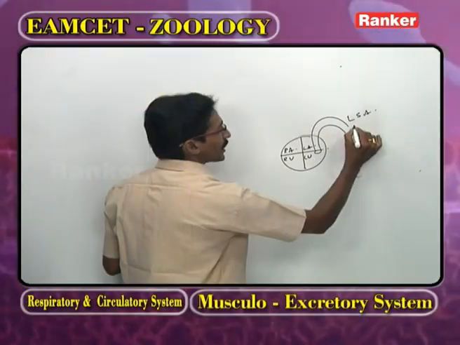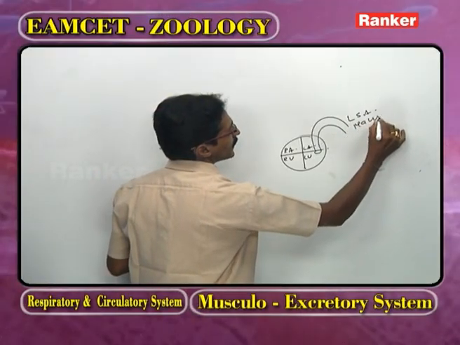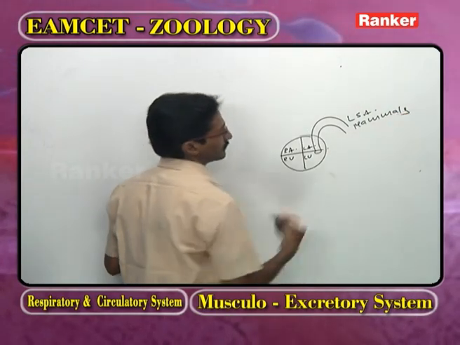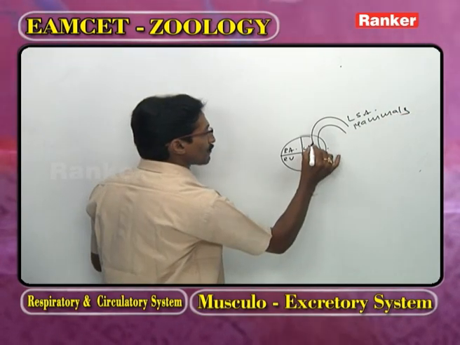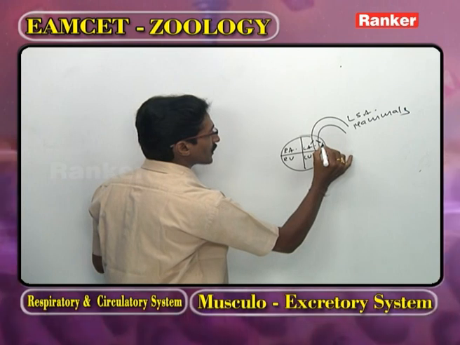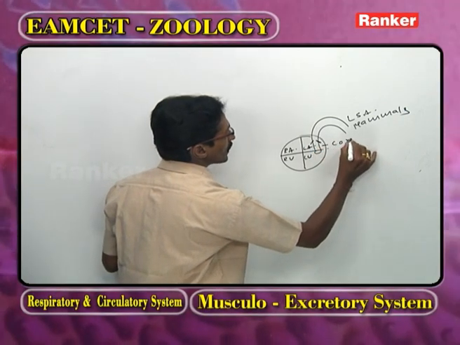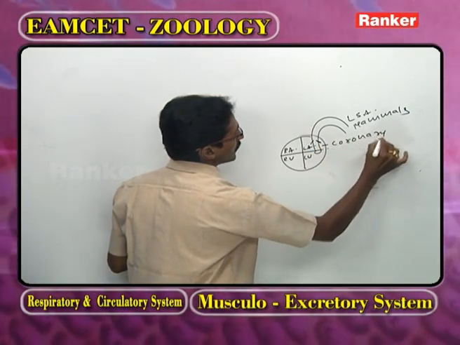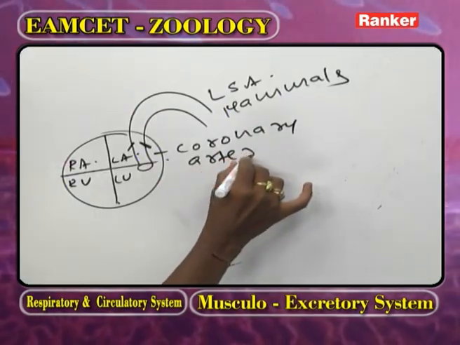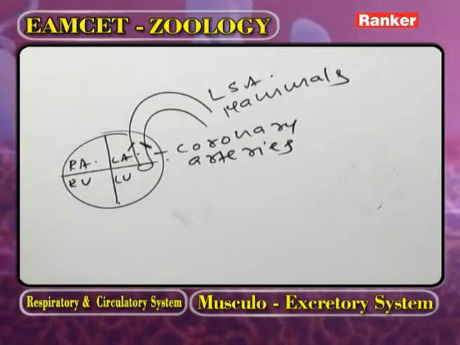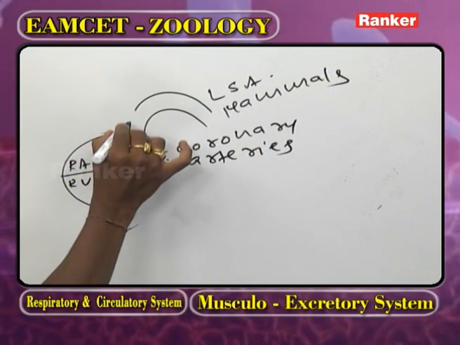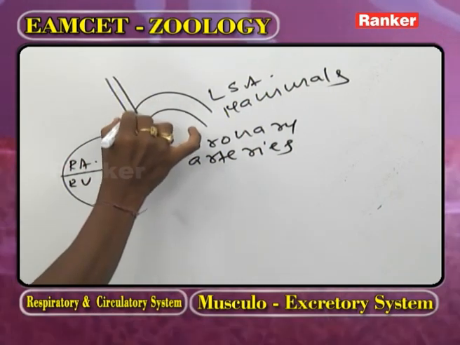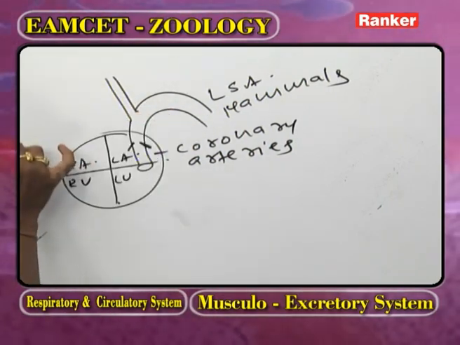The left systemic arch is present only in case of mammals. Now from the base of left systemic arch, the coronary arteries arise. And this is a nameless artery, that is called innominate artery.